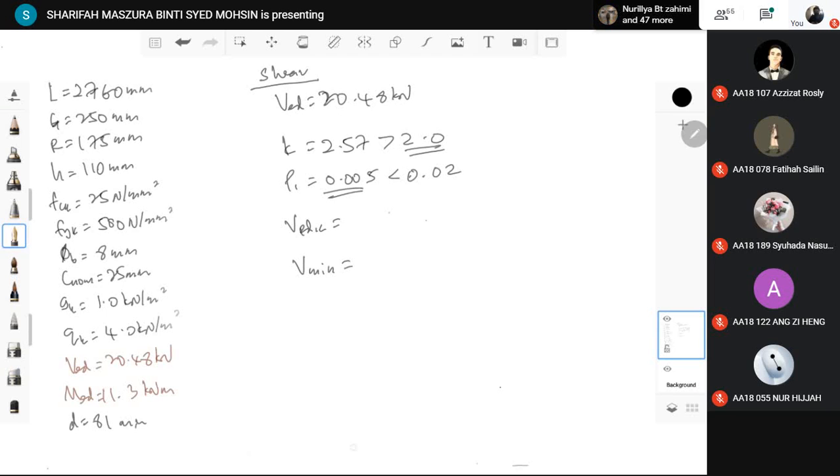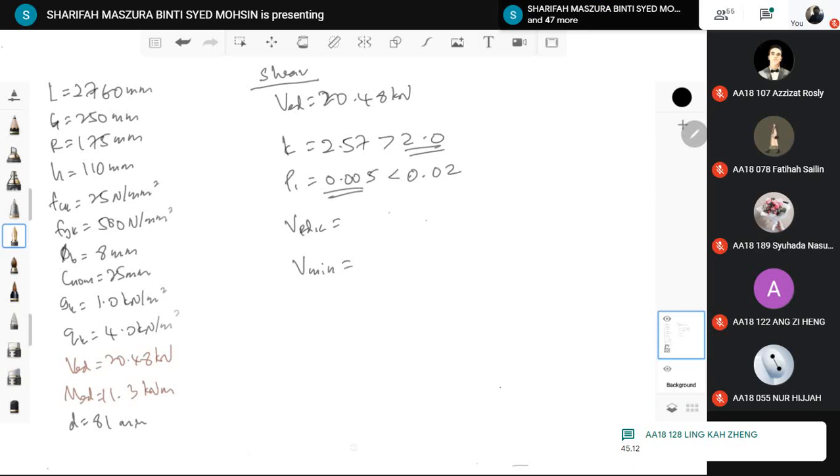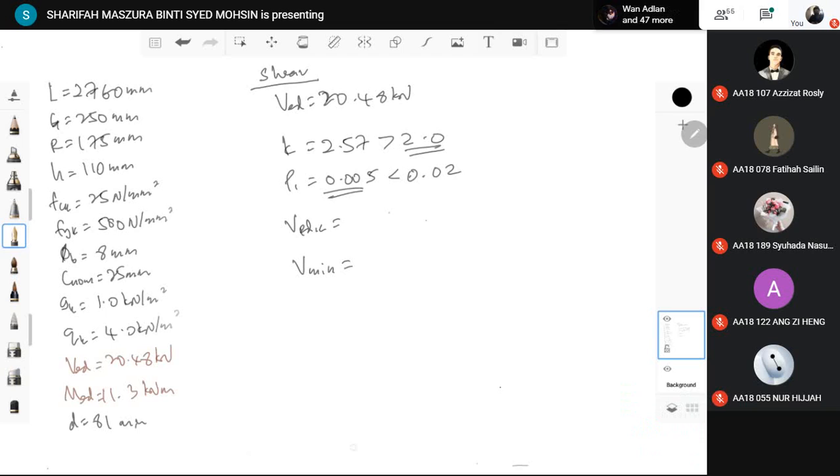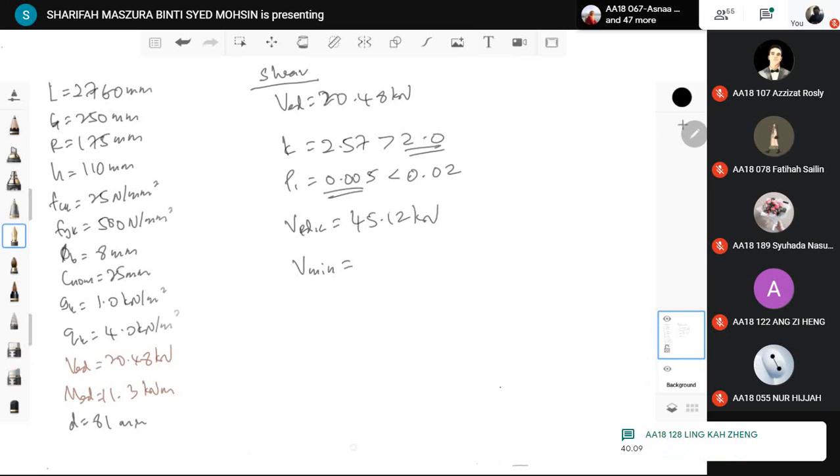What do you get for VRd,c? 512. For V minimum, 53.1.